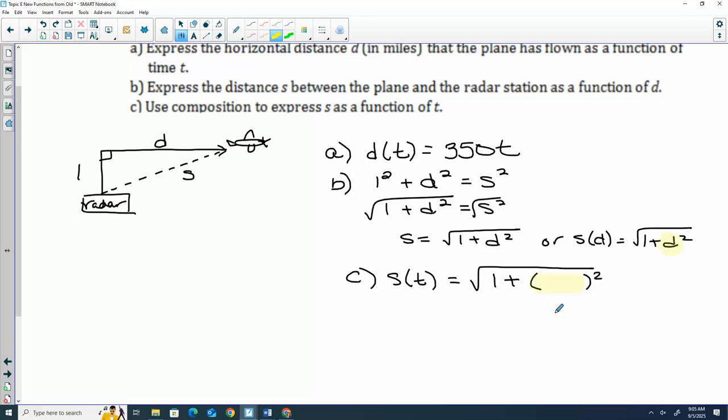But what's d equal to? If you really wanted to, you could square 350, but we can't add any like terms, so we might as well just leave it like this. So this would tell me the distance from the plane to the radar station at any given point in time.